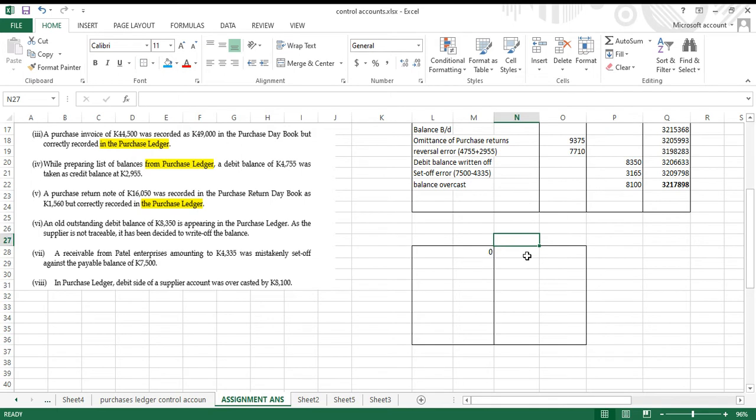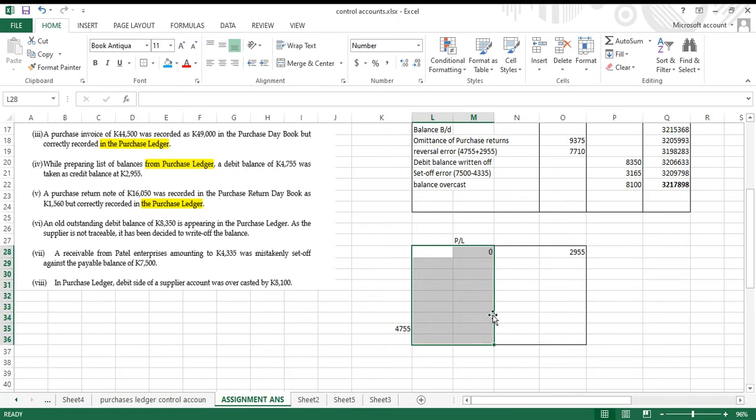Basically, what it's saying is that in our purchases ledger, the 2,955 was wrongly put on the credit side. What was supposed to be put was 4,755. This is what's supposed to be appearing on our debit side of our purchases ledger.